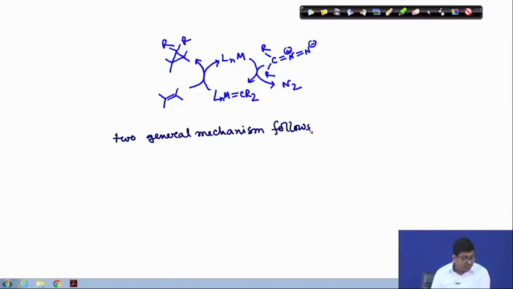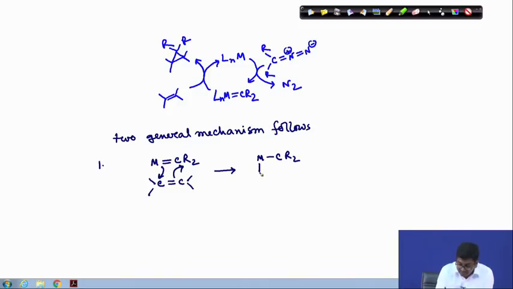So, what are the two general mechanisms? Number one is that it can go via a 4-membered ring intermediate. So, if we have this type of complex, now we have the olefin. Now it can form this 4-membered intermediate.